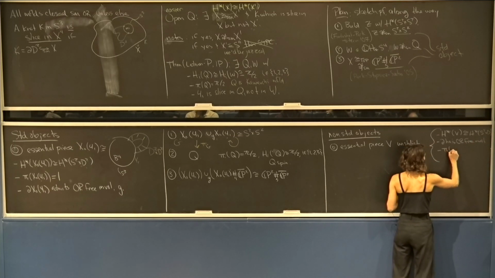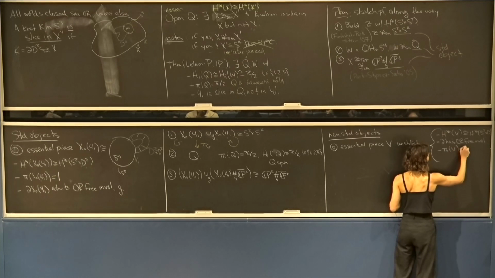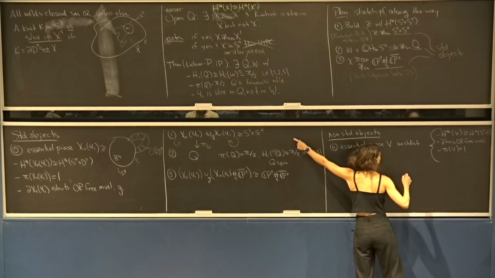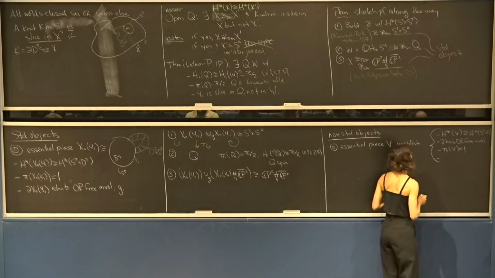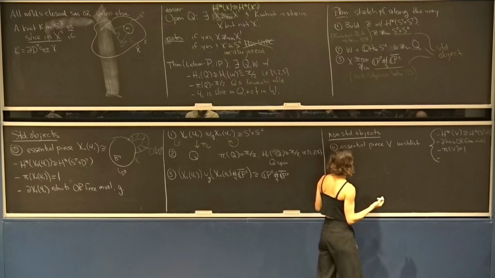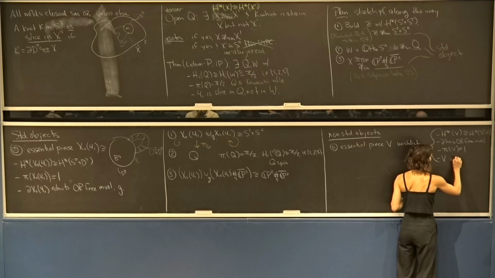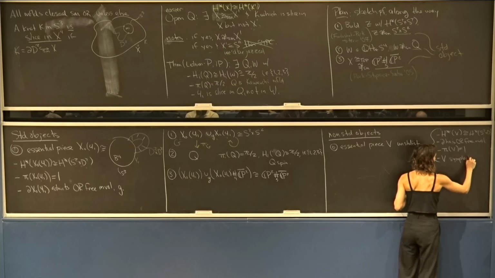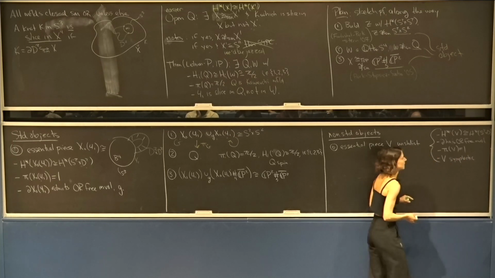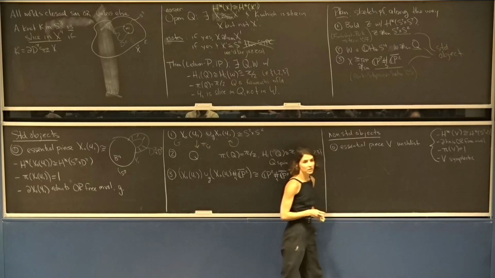We liked that the fundamental group was trivial. Gave me trivial fundamental group up here. And this can be weakened, and this is something we didn't have before, but I'm going to ask for V to be symplectic. That's going to make my life really easy when I try to distinguish whatever I'm building from the standard object.